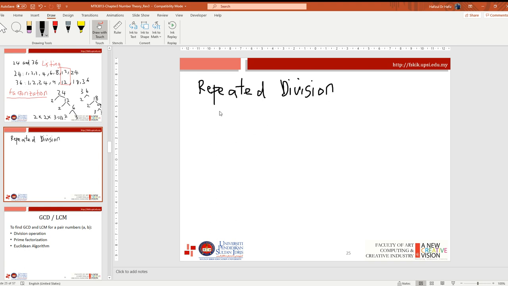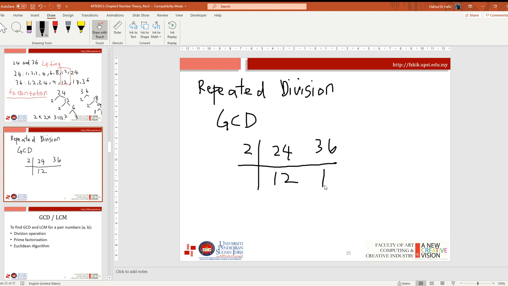We have GCD with 2: 24 and 36, 12 and 18, then 2 again: 6 and 9, then 3.